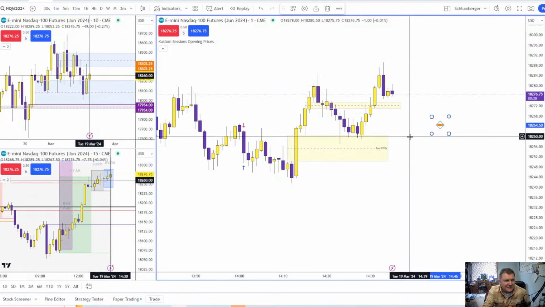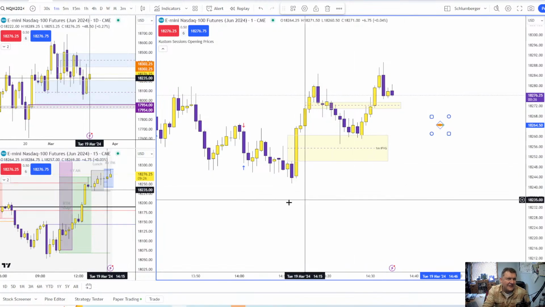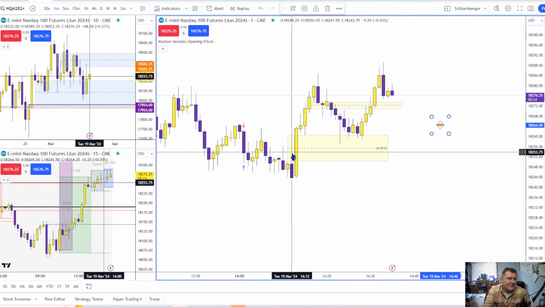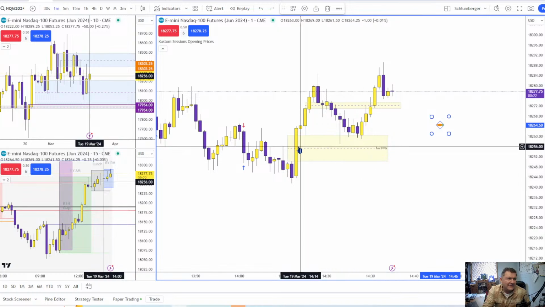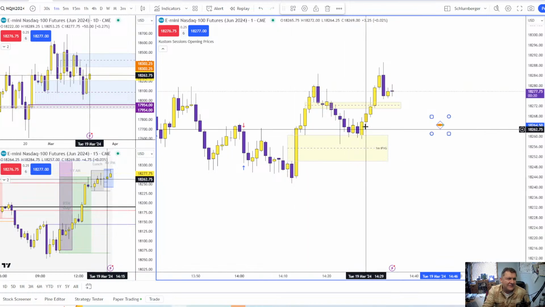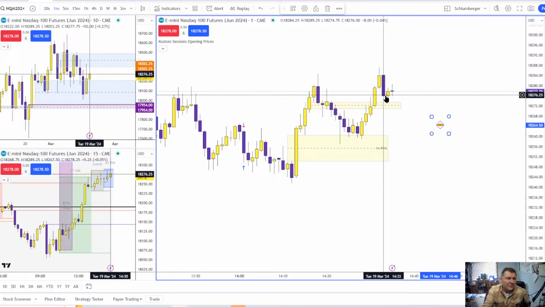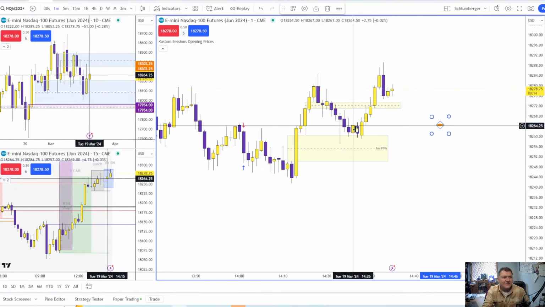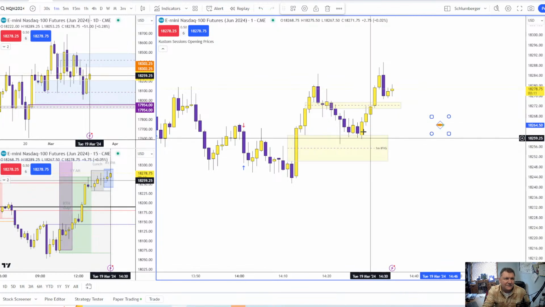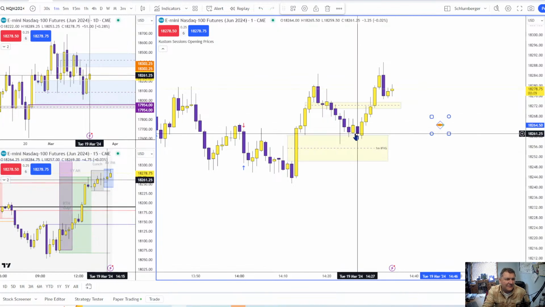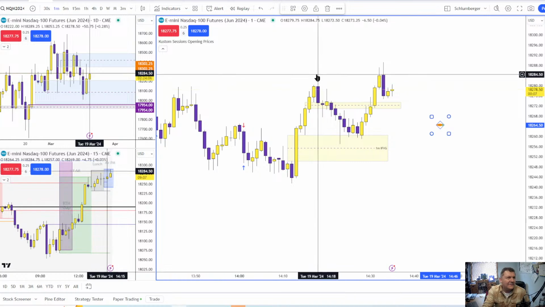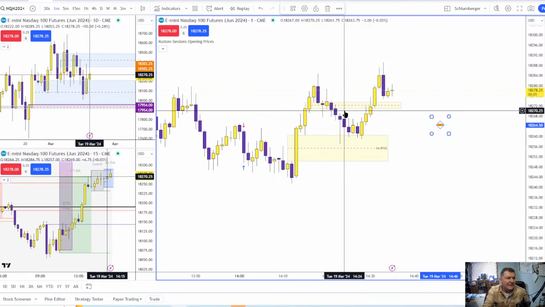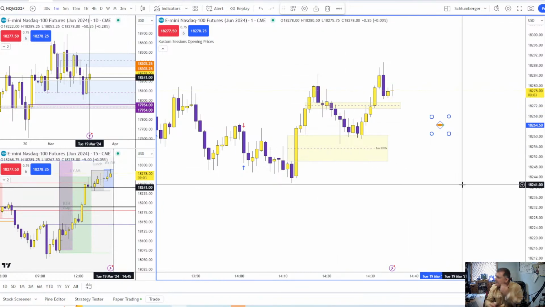Do we have another return back down into discount array? Premium, discount. We haven't hit the discount. We just bounced off of it. So we want to see this trade below this, come into it, and start running for down here. Don't forget this breaker here. Last down close candle before a run above an old high, old high, old high. Okay.